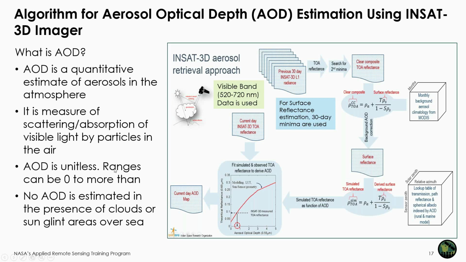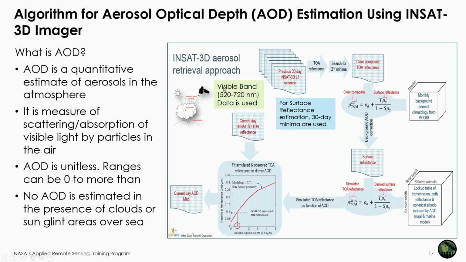AOD is basically measured in the range between 0 and typically 1, but in certain scenarios like a dust storm, we may have to stretch the range up to 3 to 4 also. And we don't do AOD estimations where the clouds are there or the sun glint is there over the sea areas. So only for the cloud-free pixels, AOD retrievals are done.